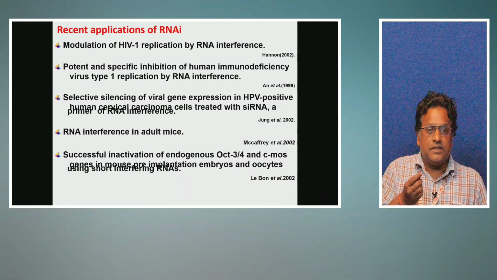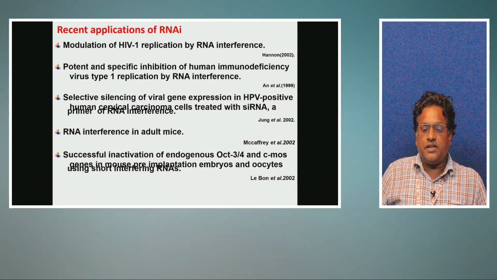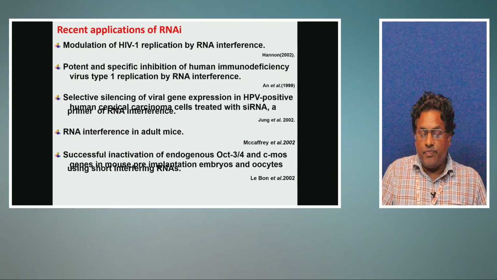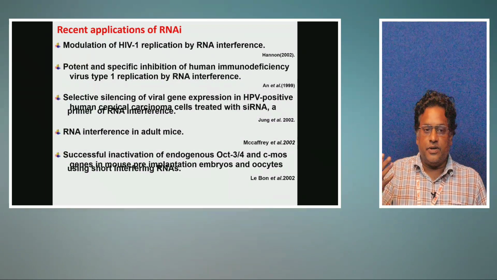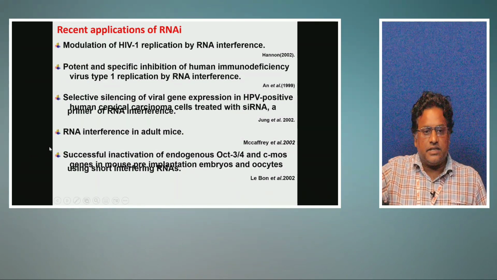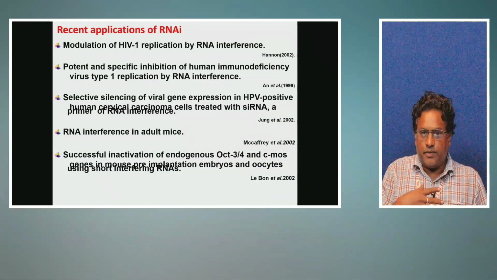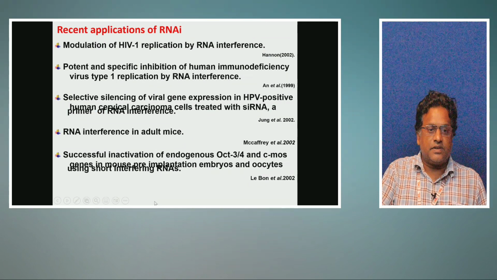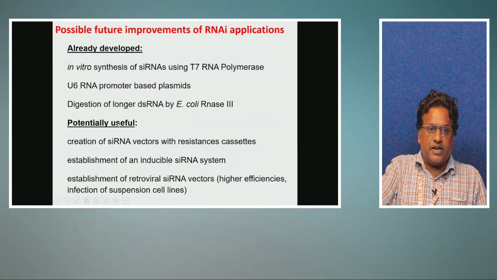You can induce RNA interference in adult mice to study different diseases like diabetes or neurodegenerative diseases, metabolic diseases, cancers, successful inactivation in oocytes, and developmental diseases.